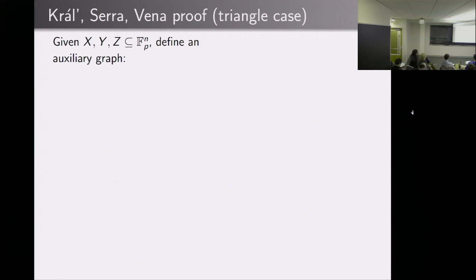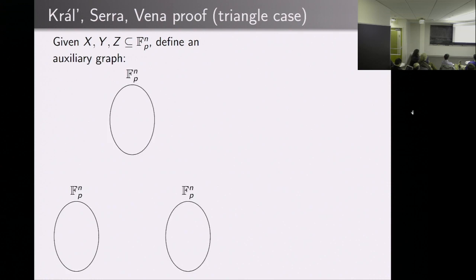So we have three sets X, Y, and Z. Again, we have the property that we have at most delta times N^2 triangles between them, and we want to argue that we can remove a small number of points from each of them to get rid of all triangles. So we define an auxiliary graph.